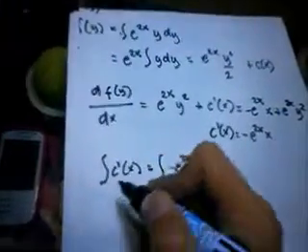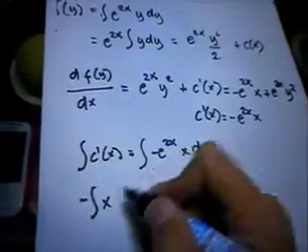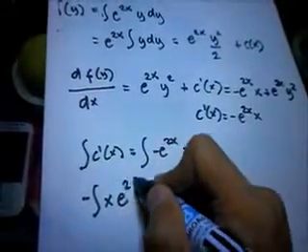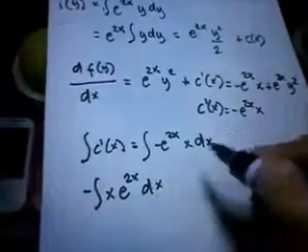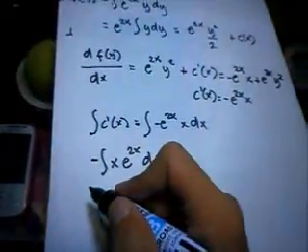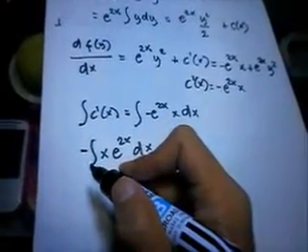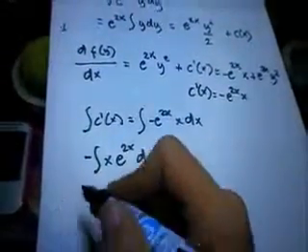So we have here negative the integral of x e to the 2x dx. We need to use differentiation by parts.